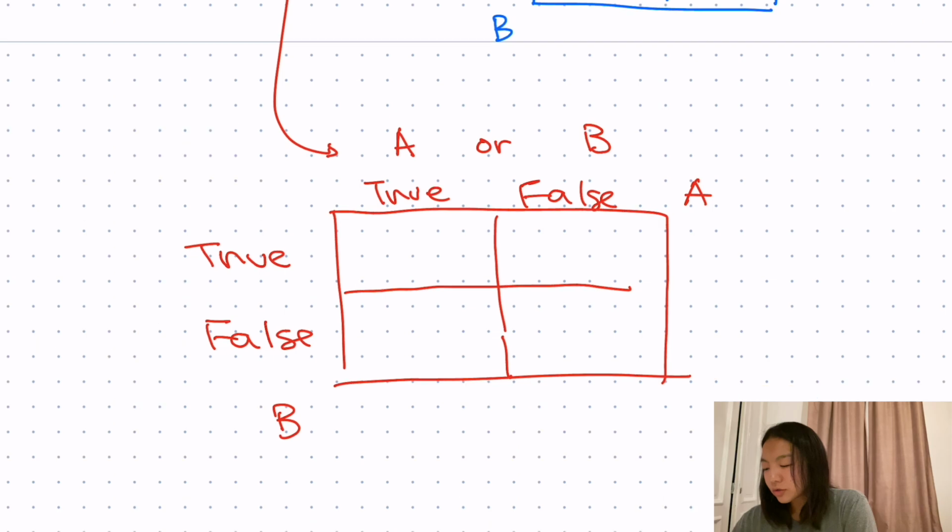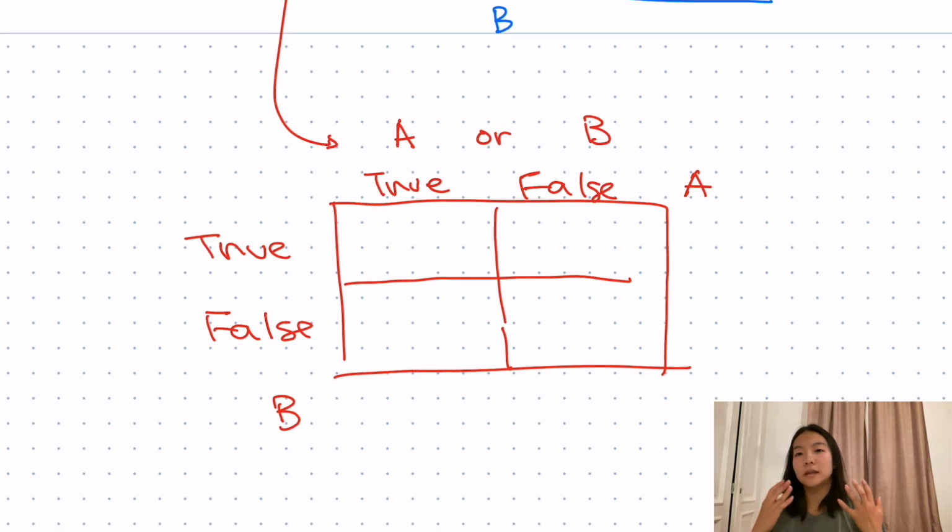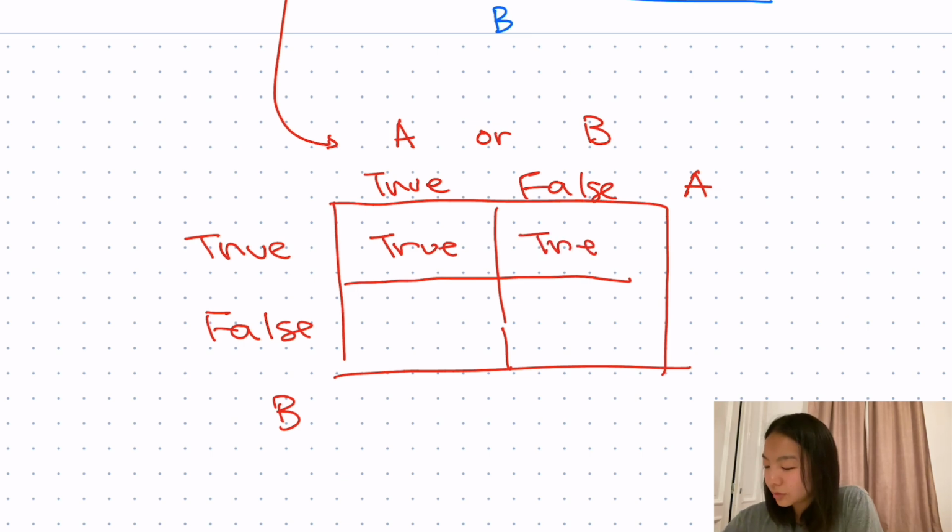Or is literally asking you, hey, is A true or B true? Are either of these true? Well, if both of them are true, then it's true, right? Well, what if only one of them is true? It's asking, hey, is either this one true or this one true? Then yeah, it's still true, because it's only asking if one of them is true, right? But now what if both of them are false? Okay, well then that's false.